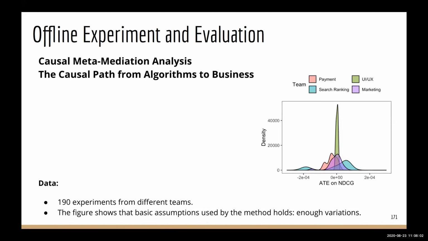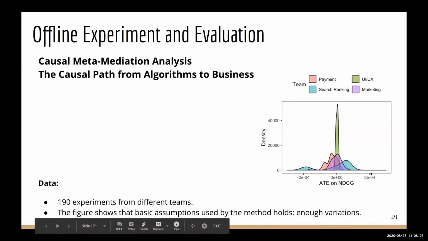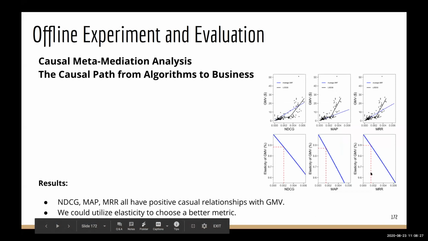If everything is all positive, all negative, or all around 0, then there's no variation in the data, and we can't derive the causal relationship. Here it validates that there are enough variations in the data, and in fact probably all the assumptions that we are making can hold. So this is a very nice validation.